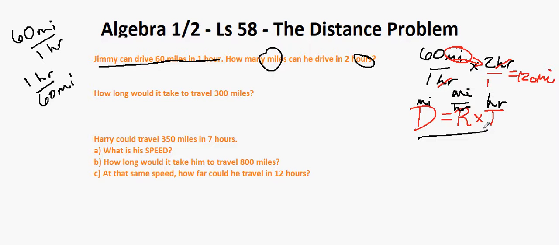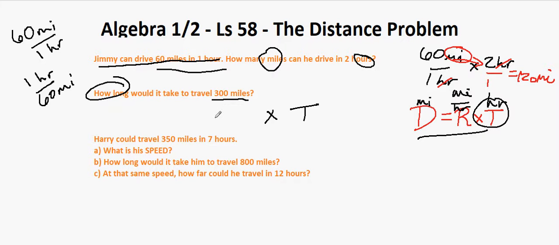How long would Jimmy travel if he's going 300 miles at that original rate? So we know miles, we know rate, we don't know how long. How long is what? D, R, or T? That's the T, right? We don't know time. We do know rate.